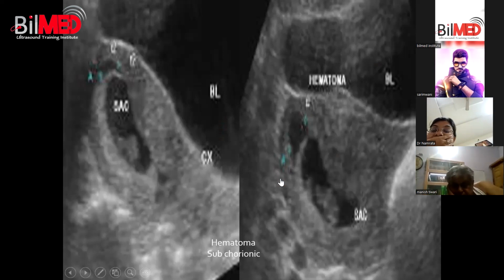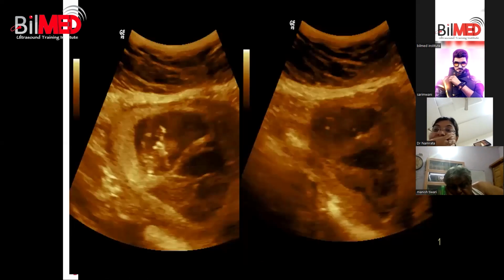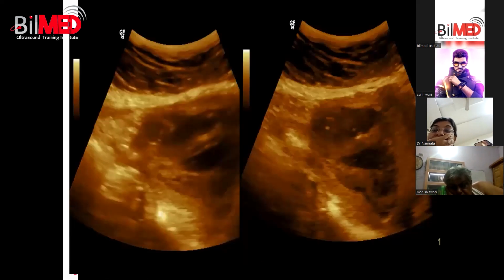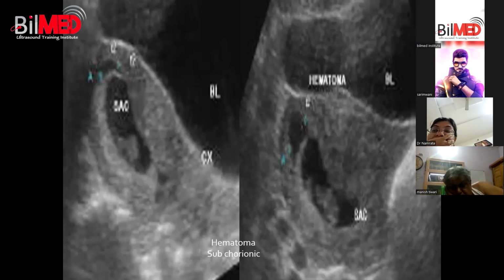Now see over here. Here I am having more decidual reaction as compared to this area. It means that the placental site is here in the posterior area, not in the anterior, and the detachment is anteriorly.